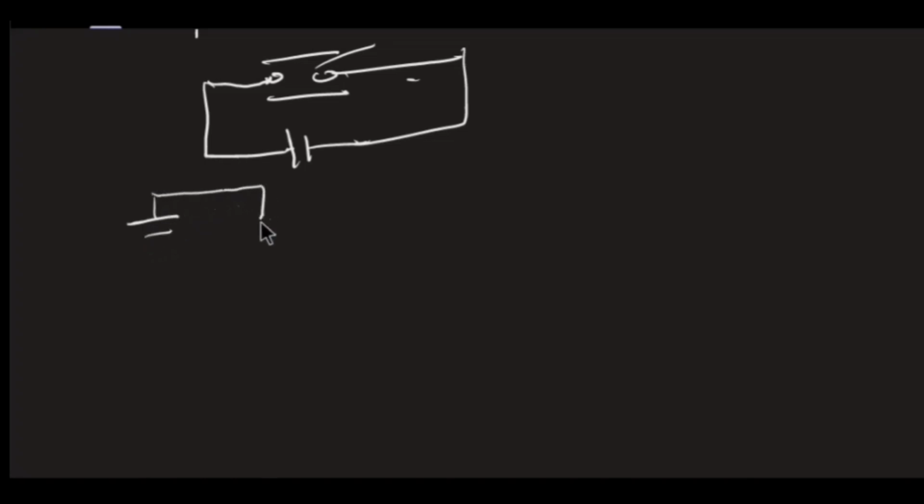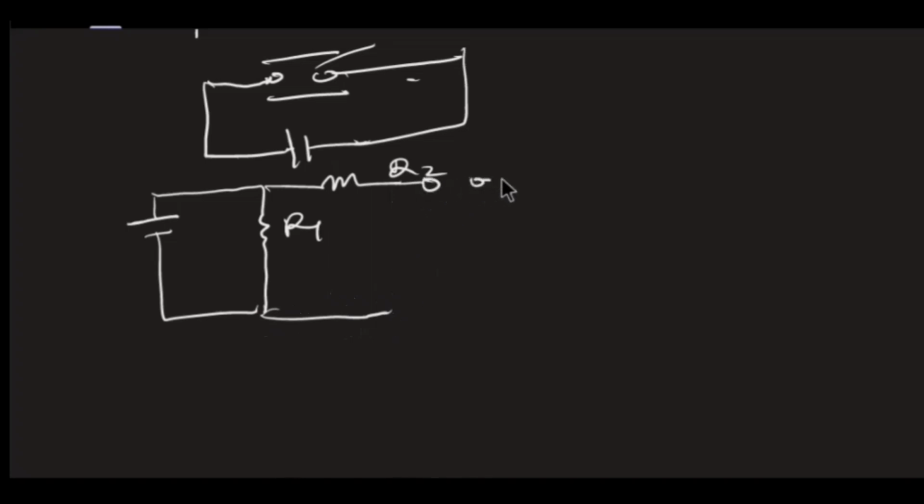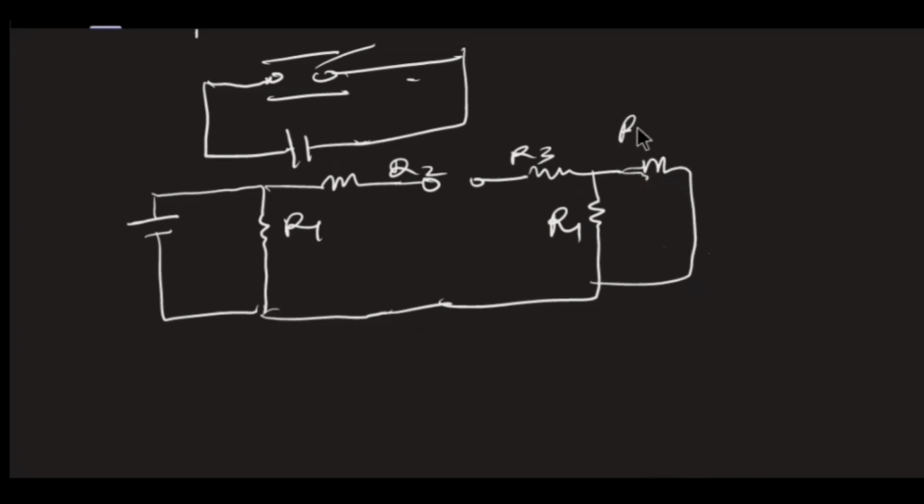So let's see this circuit here. I have my R1, I have my R2, then I have my R3, I have my R4, then finally R5.